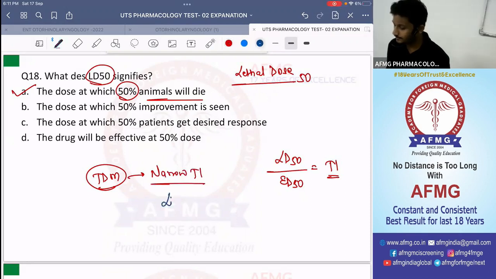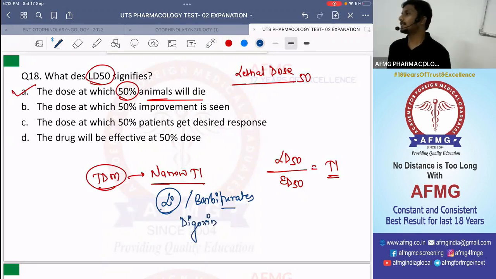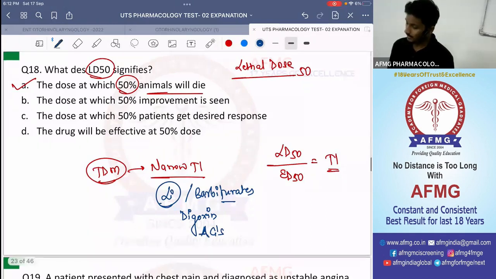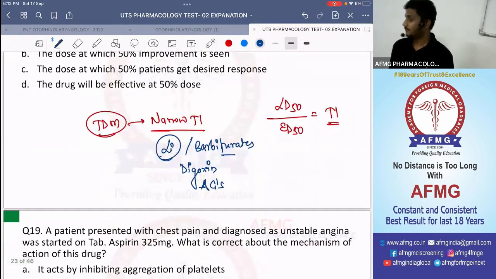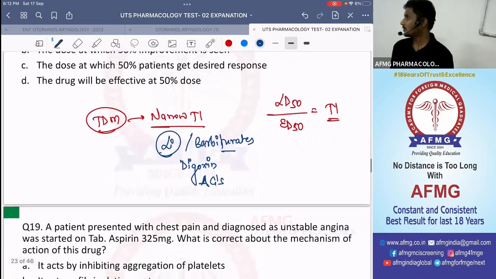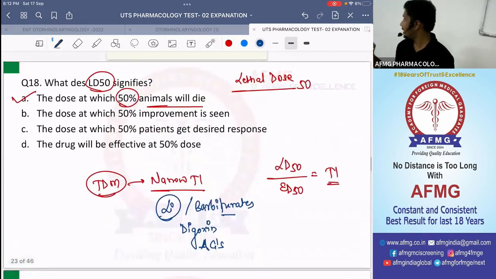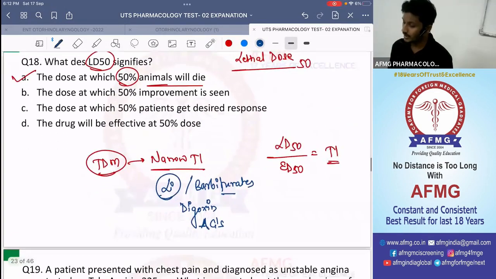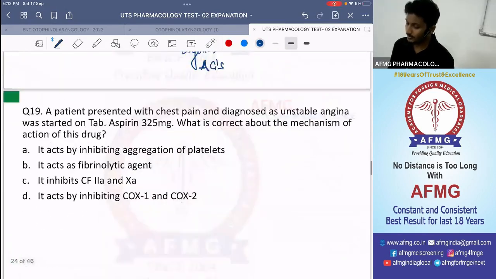Drugs like lithium, barbiturates, even a drug like digoxin used in congestive heart failure, and aminoglycosides, which are antibiotics. These are also drugs with a narrow therapeutic index. No problem. Okay, understood, there was no difficulty in this. So LD50 upon ED50 is the therapeutic index usually. Remember. Question number 19 now.